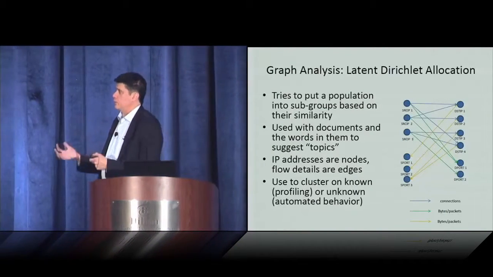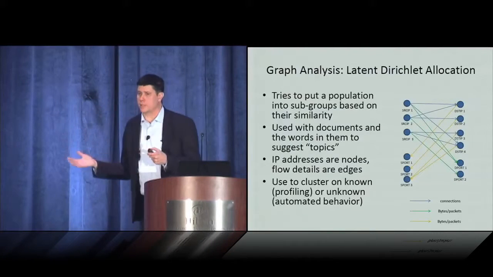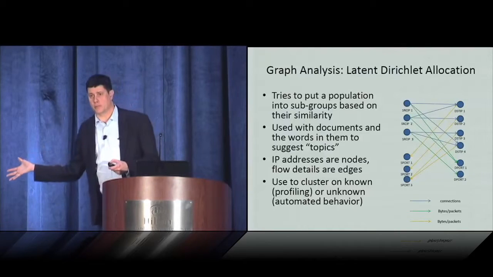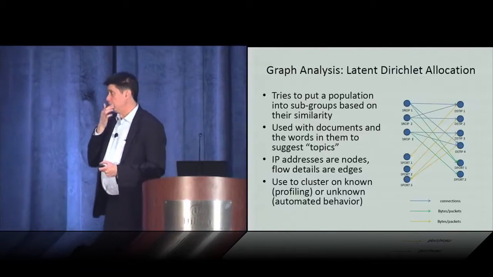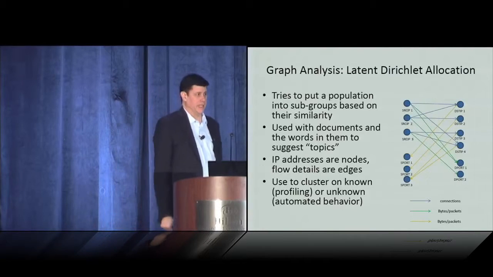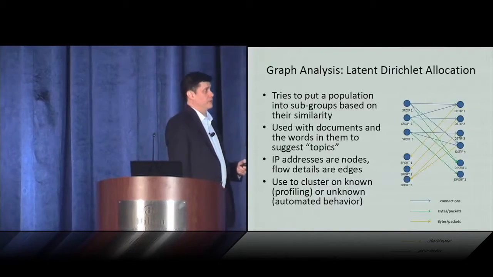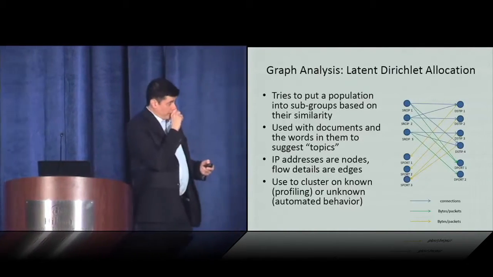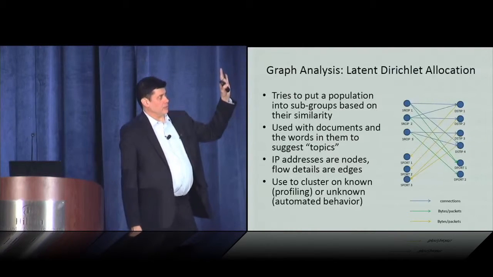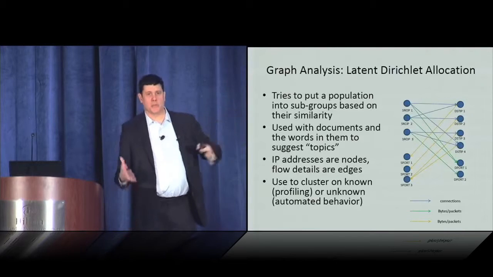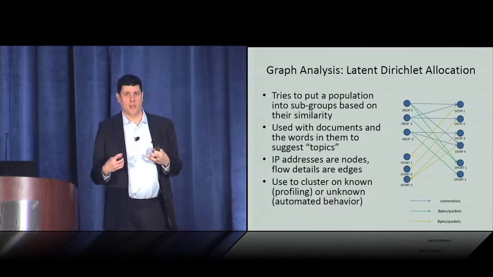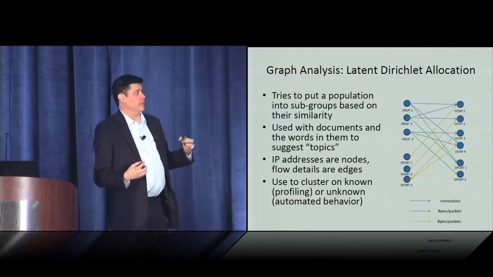So in this solution approach, one of the things we found that can take a whole lot of data and provide some meaningful results with NetFlows is a technique called Latent Dirichlet Allocation. You'll hear me call it LDA from now on, because that's too many syllables for me. Basically, some people might call it a clustering algorithm, but it's a little more unique than that, I think.